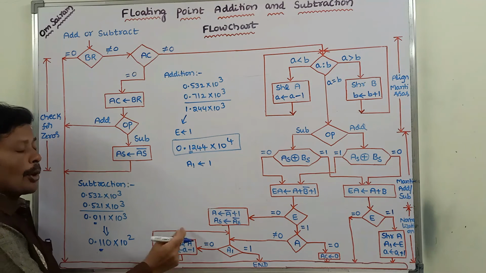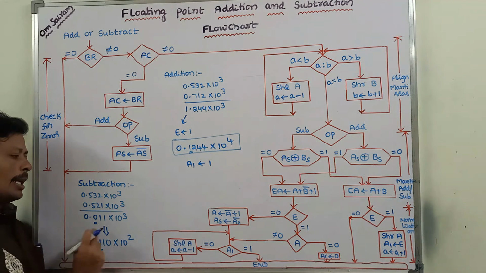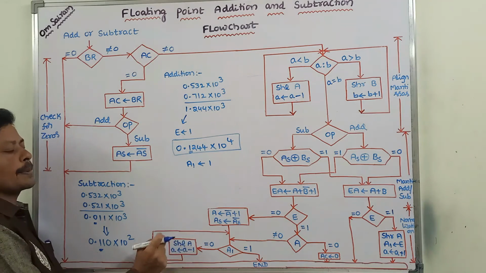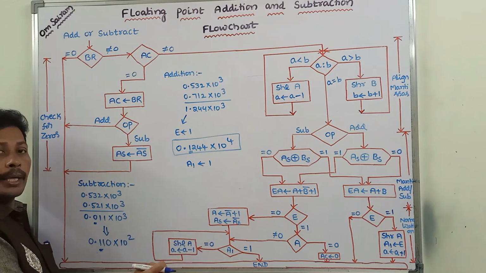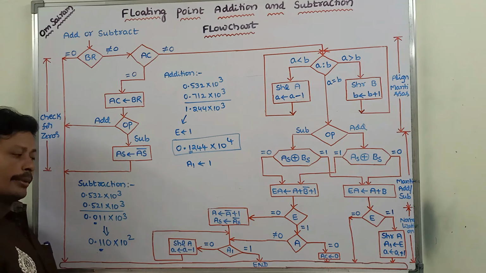Then we perform a shift left operation on the mantissa and decrement the exponent. These two steps are performed repeatedly to overcome the underflow condition.